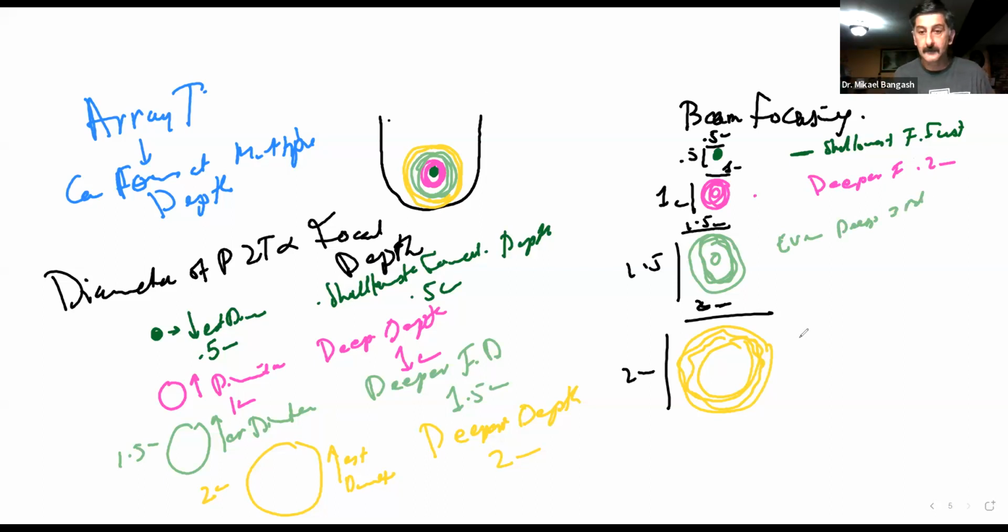And the deepest focusing will be fourth. Because the focusing happens in phases, it is called a phased array. Array just means multiple focusing.